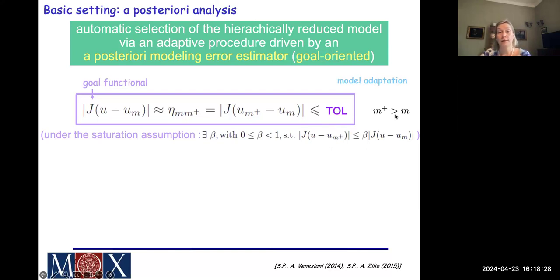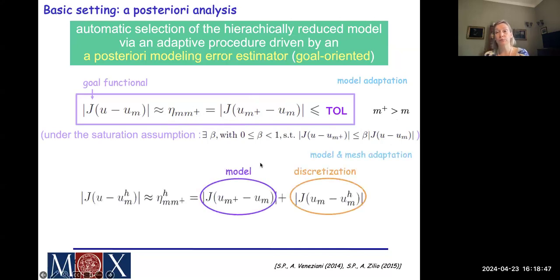So if you have at your disposal these two reduced high mode approximations, you can define your error in such a way. And at this point, you have your automatic tool to select the number of modes along your domain.